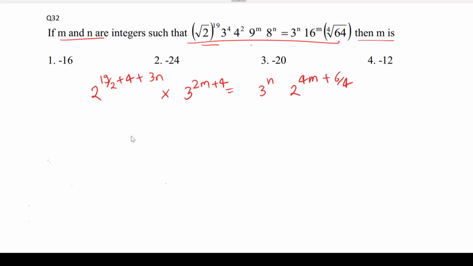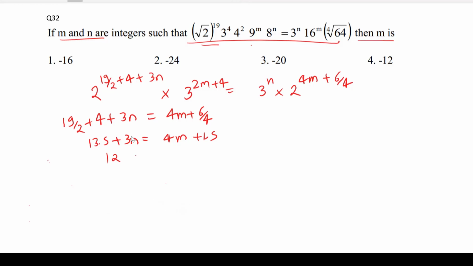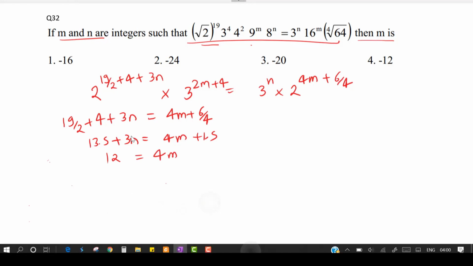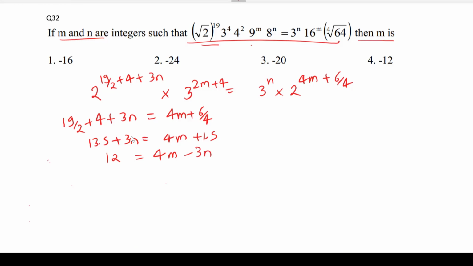Now equating the power of 2 and 3. 19 by 2 plus 4 plus 3n equals 4m plus 6 by 4. From this, 19 by 2 is 9.5, plus 4 is 13.5, plus 3n equals 4m plus 1.5. So we get 12 equals 4m minus 3n.